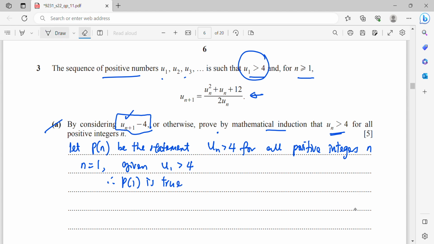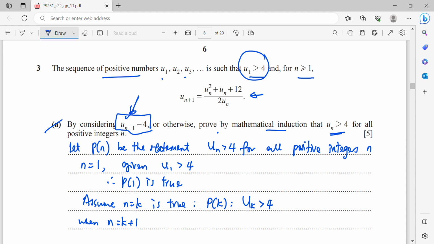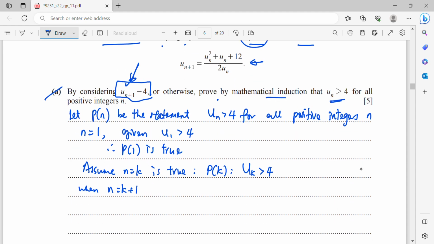Okay, so now we need to assume n equals k is true. So our Pn becomes Pk, and this is referring to uk greater than 4. Alright, so now we need to prove when n equals k plus 1. So now we will use this expression un plus 1 minus 4, but now I will replace my n by k.